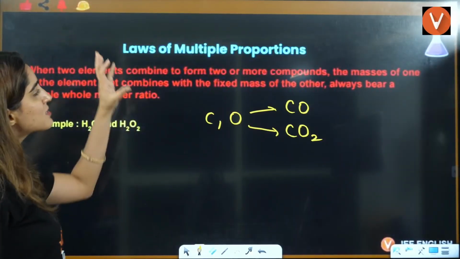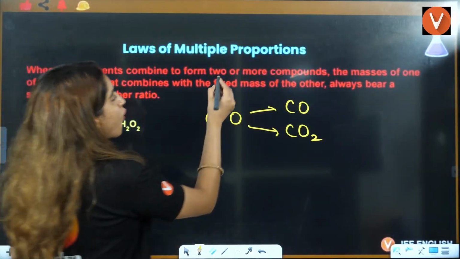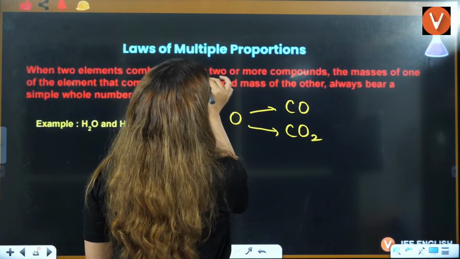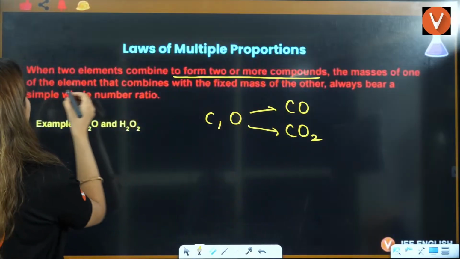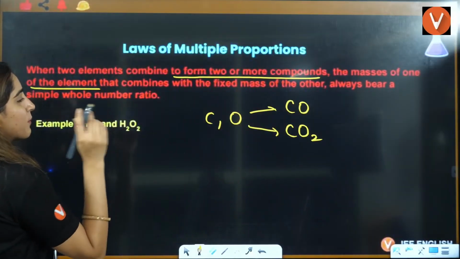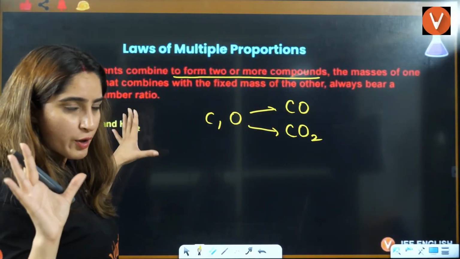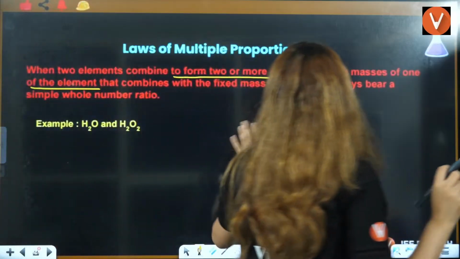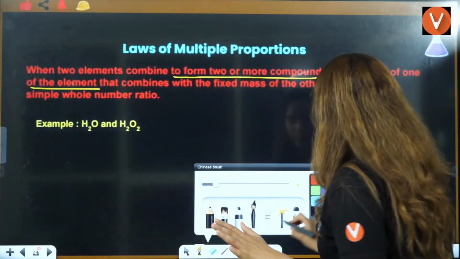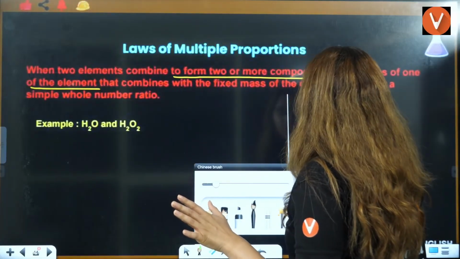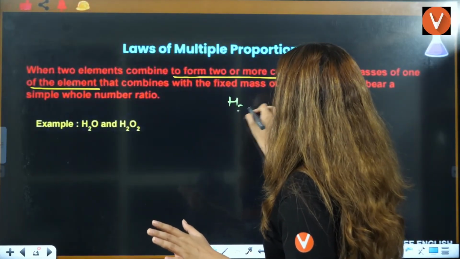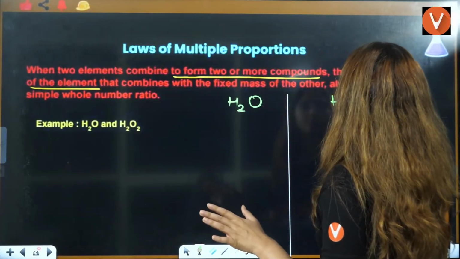So what do you mean by that? When 2 elements combine to form 2 or more compounds, then the mass of one of the elements that combines with a fixed mass of the other... now this will be a little tricky, you have to see this. Let's say you have 2 things here. One is H2O, the other is H2O2.